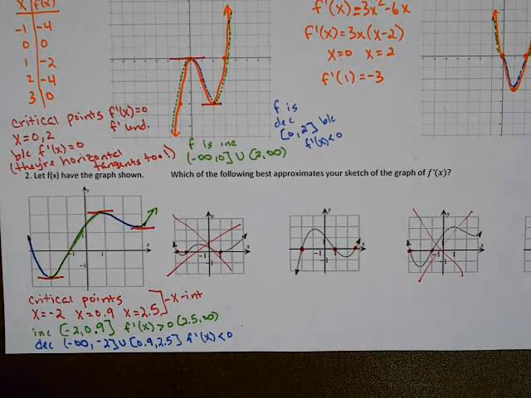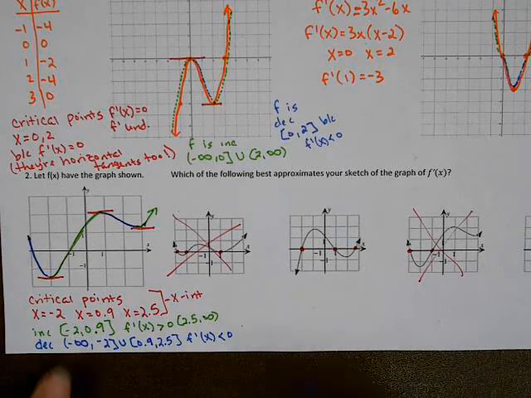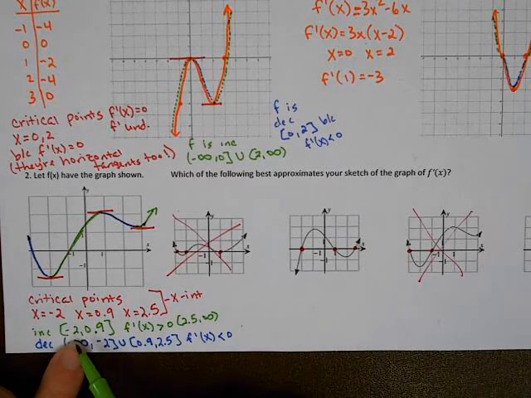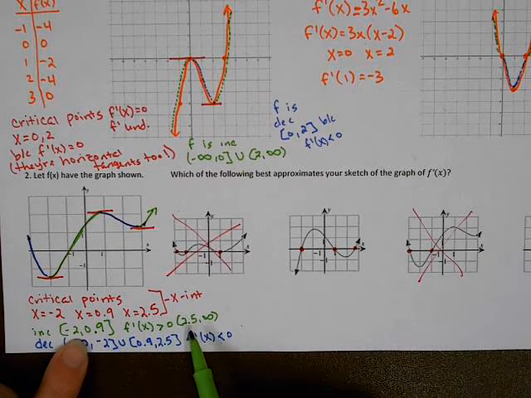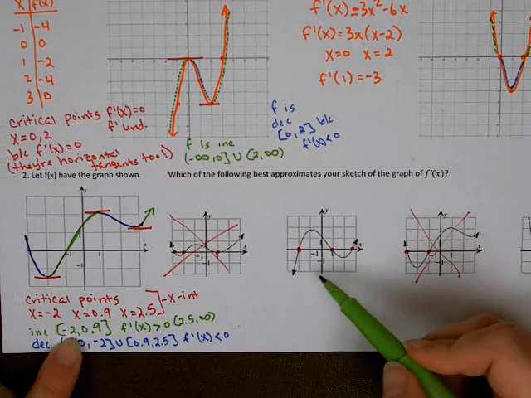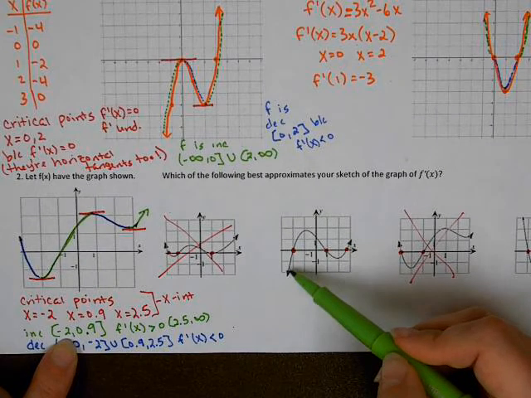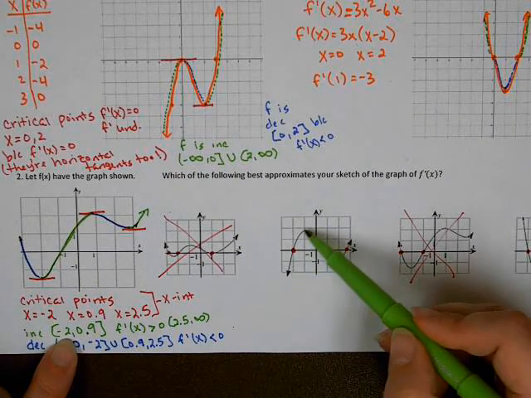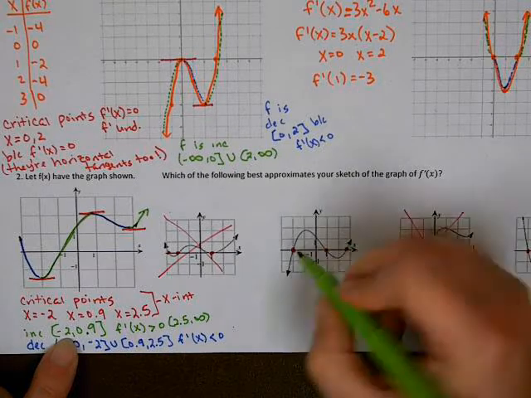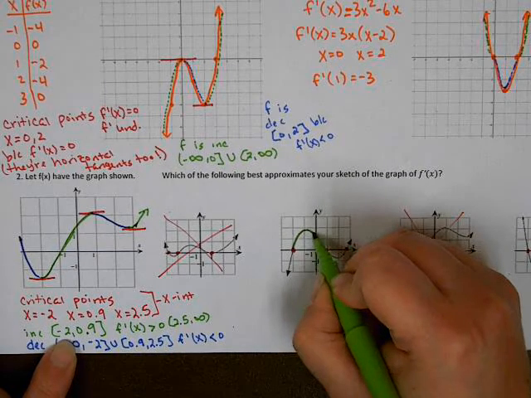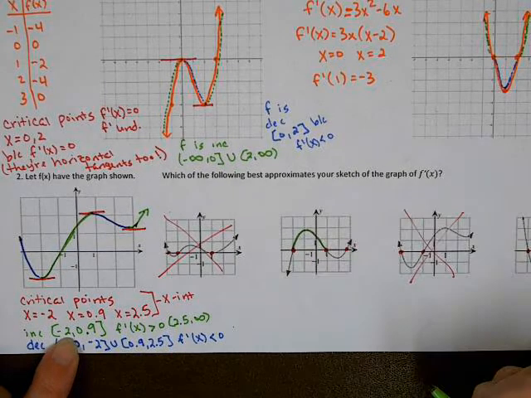Now I'm going to look at my intervals of increasing. So I know that my function needs to be positive from negative 2 to 0.9 and from 2.5 to infinity. Well, when I look at this one, from negative 2 to 0.9 is right here. This is positive. So that's pretty good, actually.